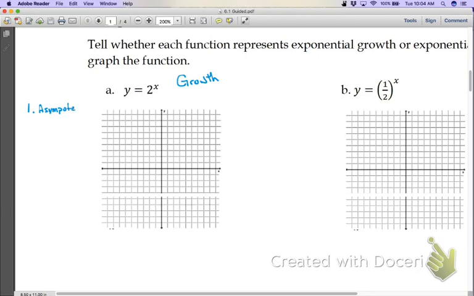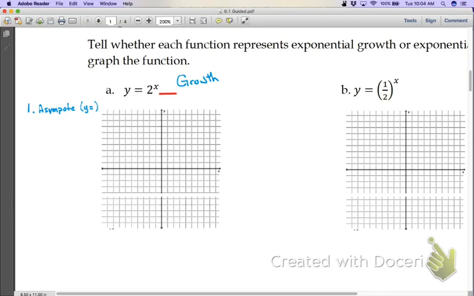Your asymptote in this case is going to be y equals, because it's going to be a horizontal line. So if I have y equal to 2 to the x power, do I have anything back here that's getting added or subtracted? What is my k value?